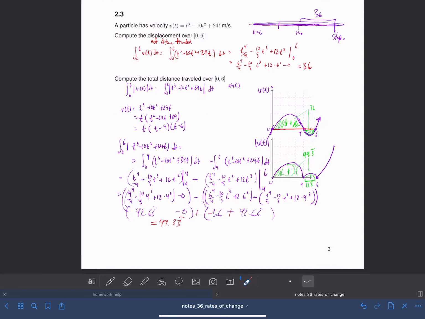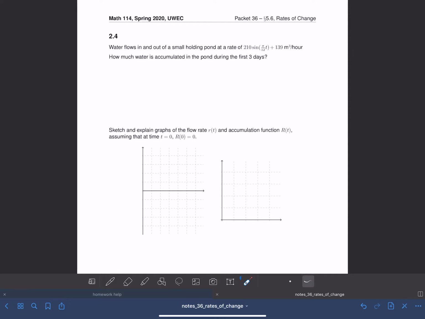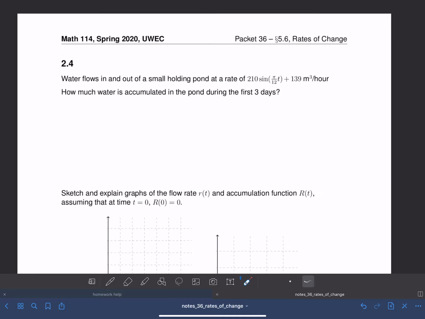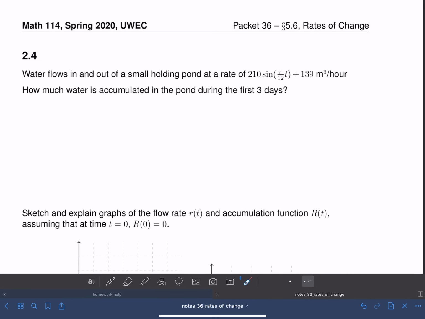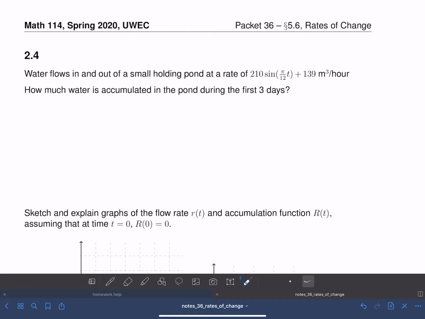Okay. Groovy. I wanted to do one last example with you, which is another water problem. So water flows in and out of a small holding pond at a rate of 210 sine of pi over 12 t plus 139 meters cubed per hour. How much water is accumulated in the pond during the first 3 days? So t is measured in hours.